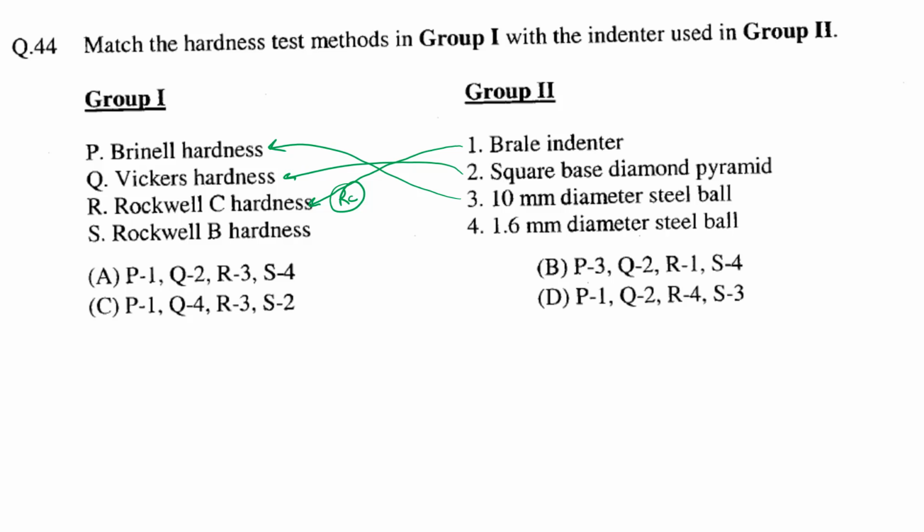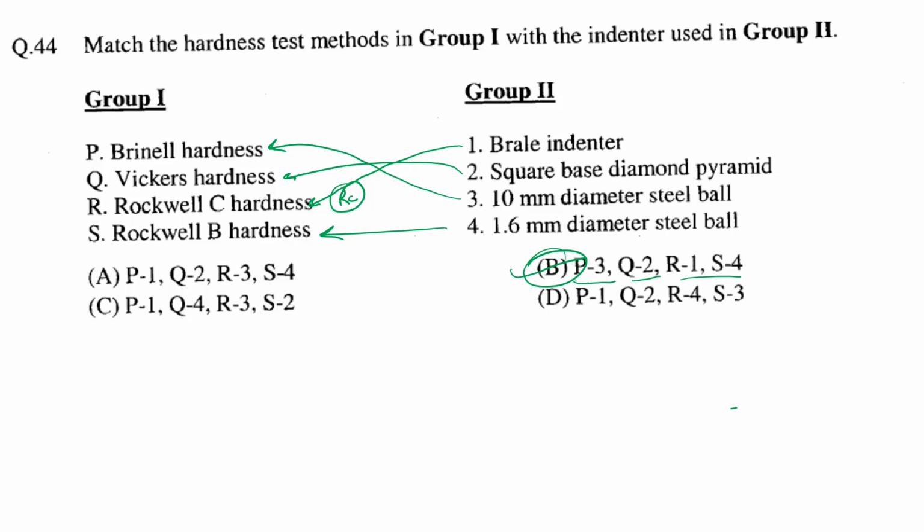The 1.6 mm diameter steel ball is used in Rockwell B, right? So what is the option? 3 2 1 4, 3 2 1 4. So option B.